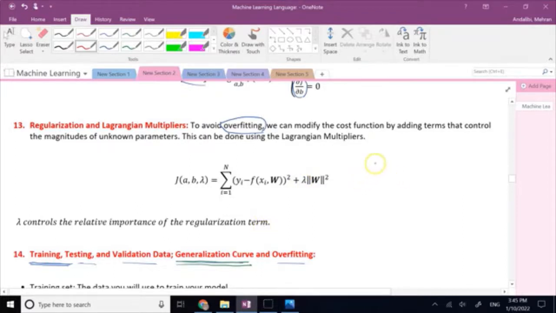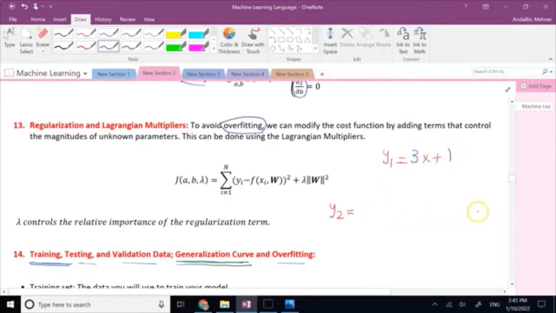So you might still have, let's say, instead of a line, a polynomial, but this time a bigger polynomial, right? Let me put some numbers here to make it more tangible.